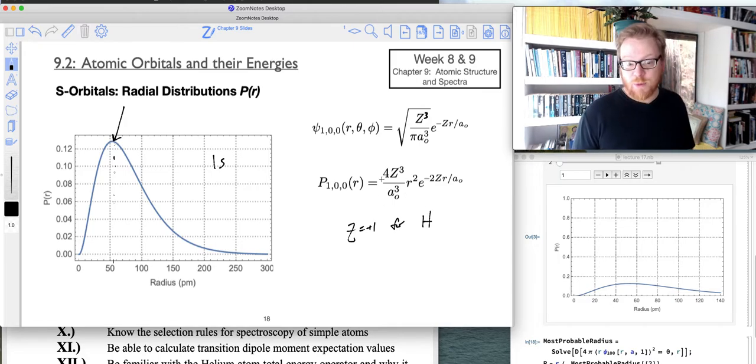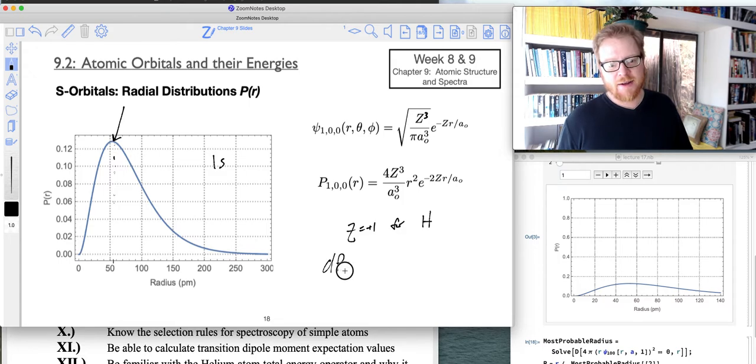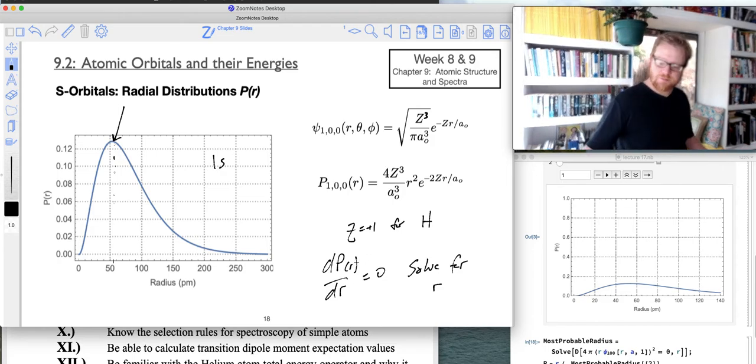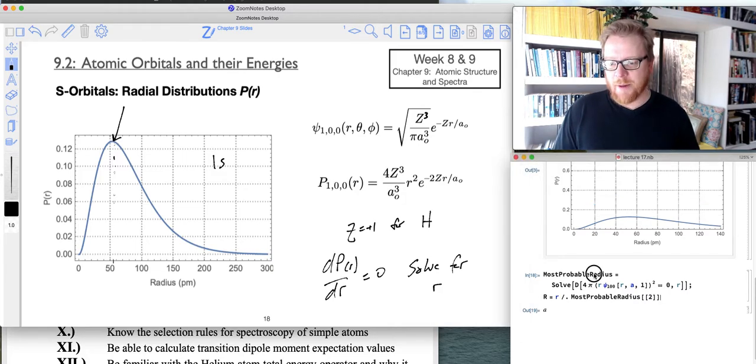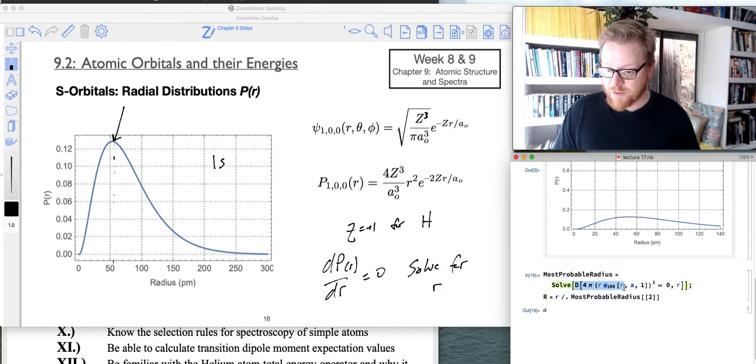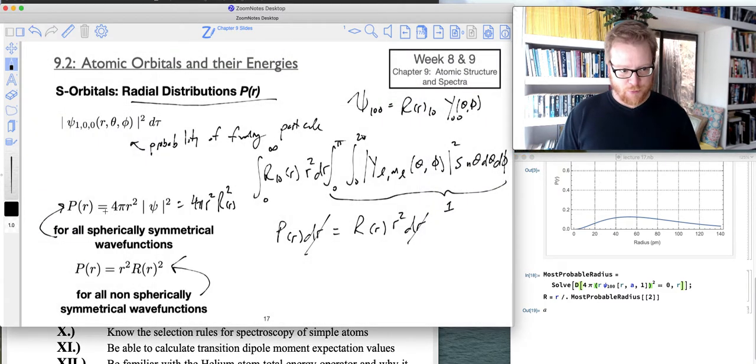Can we get a more exact value of that? Well, we can. And how would we do that? If I want to find the maximum, I would take dP(r)/dr, set it equal to 0, and solve for the r that satisfies that equation. Well, I did that in my Mathematica right here. You can see I'm calling it most probable radius, and I'm solving. Here is the derivative of my psi 1,0,0, and then I've got 4 pi r squared psi squared, so I'm using the proper radial distribution function that I put together right here.